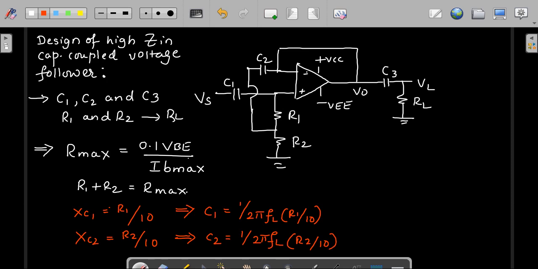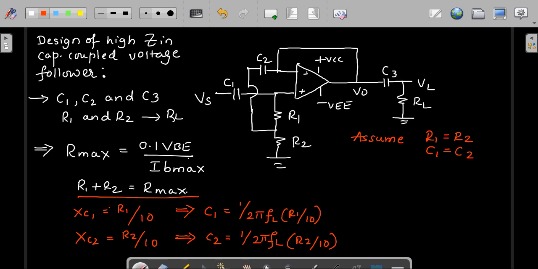So this is my second equation, and when we have R1 plus R2 equal to R max, let us assume R1 equals R2. When you assume R1 equal to R2, and if you want to satisfy these two relationships, you must also have C1 equals C2. Otherwise, these two relationships do not hold good, right?